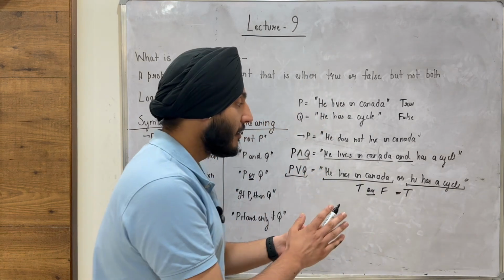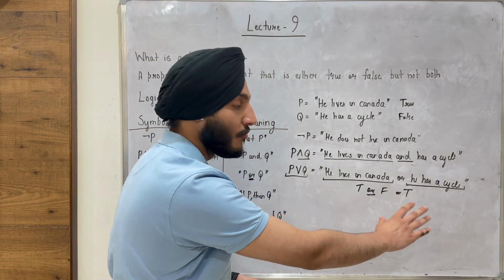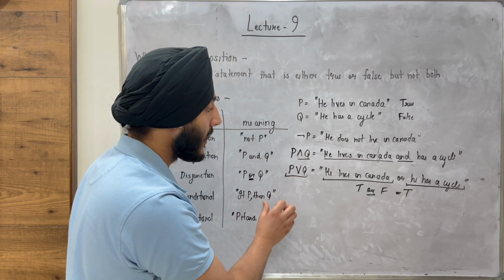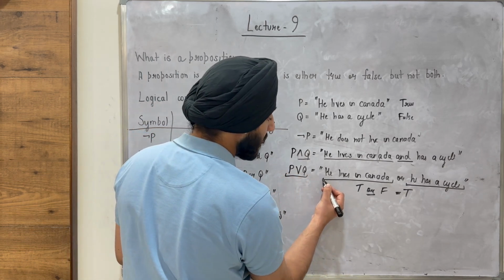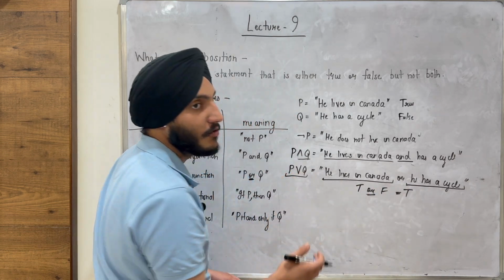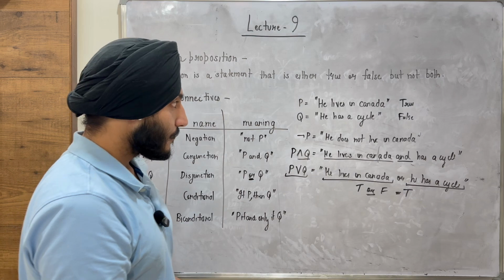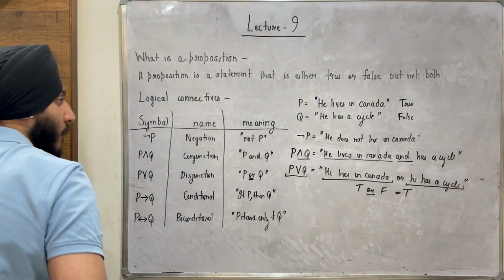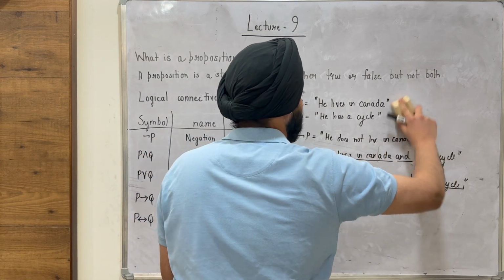Why? I only want one of these conditions to be true in order for this entire logical connective to be true, right? And in this case, since this condition over here is true, hence the entire condition is going to be true itself.